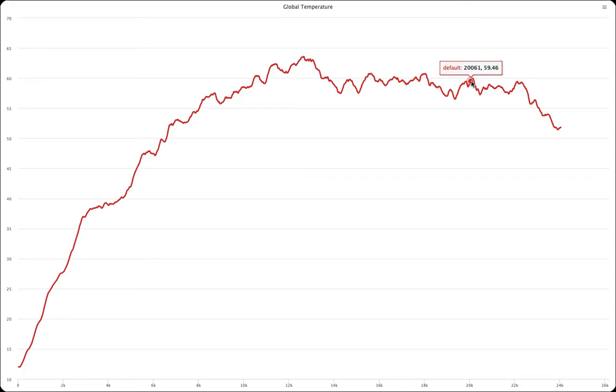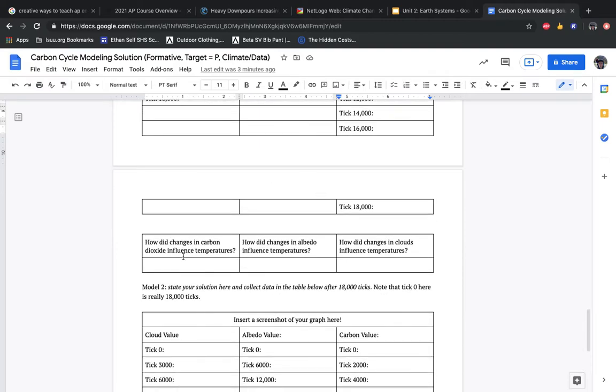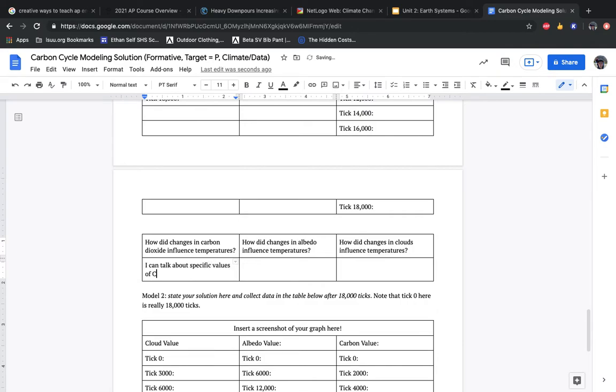And at about 20,000, I was back at 59. I reduced CO2 levels again, and it really didn't change that much. We dropped about 1.5 degrees. And then at 22,000, I dropped it even more, and that's where I started to see a really large precipitous drop.